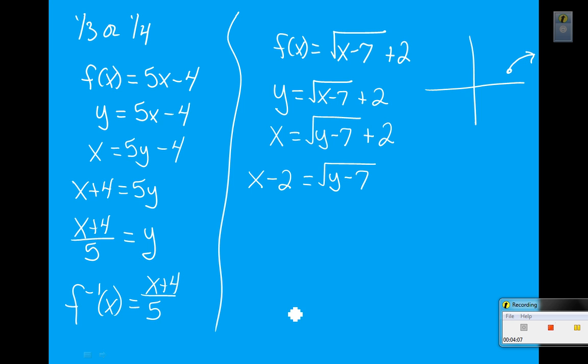Now do whatever it takes to solve for y. In this case, to get rid of this square root, I'm going to square. So I'm going to square this side, which on this side just gets rid of that square root. Now to get y by itself, I'm going to add 7 to both sides.